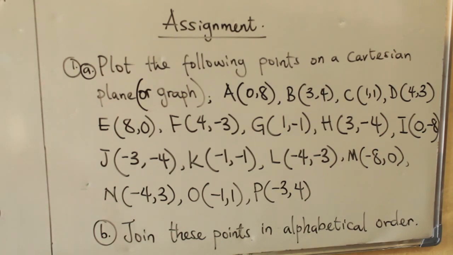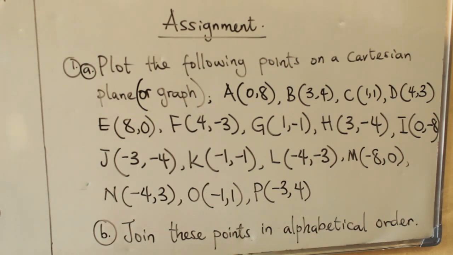Point F is (4, -3). Point G is (1, -1). Point H is (3, -4). Point I is (0, -8). Point J is (-3, -4).